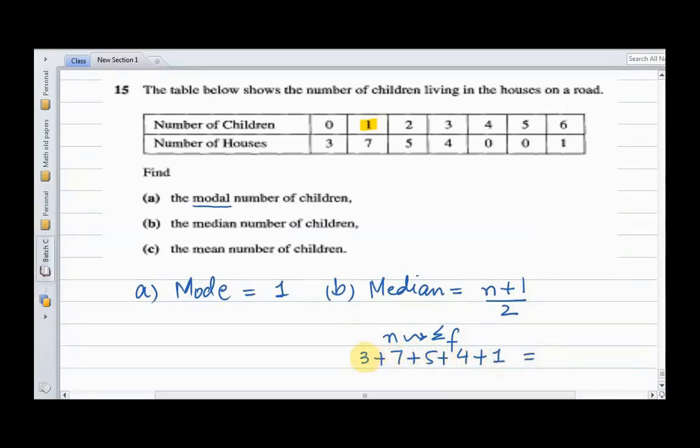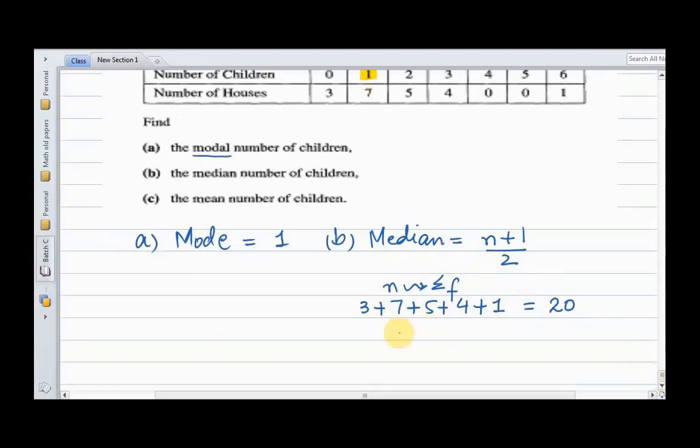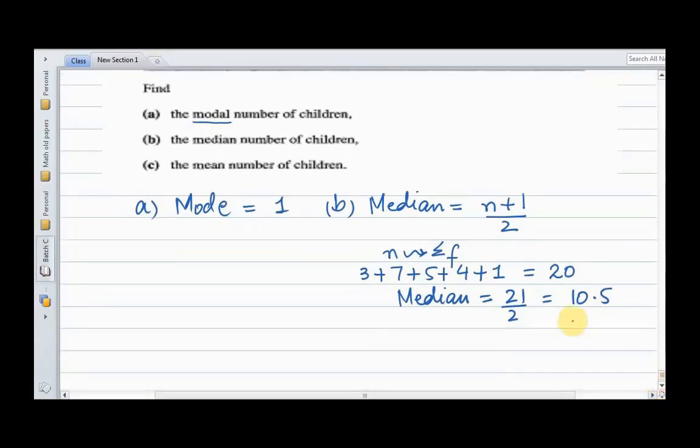It gives 7 plus 3 is 10, plus 5 is 15, plus 5 is 20. That means the value of n is 20. So the median position is 21 divided by 2, which is 10.5, and 10.5 is not the median, it gives you the position. That means we are looking for the 10th and 11th numbers.